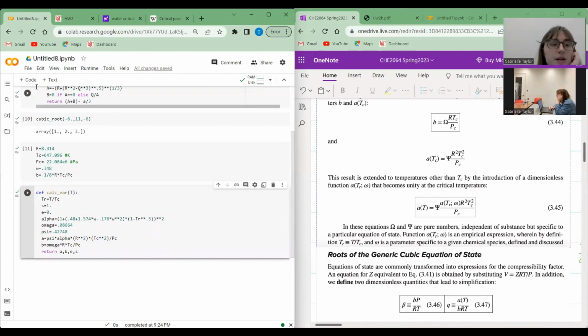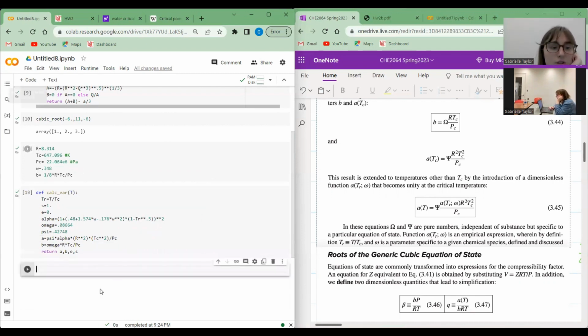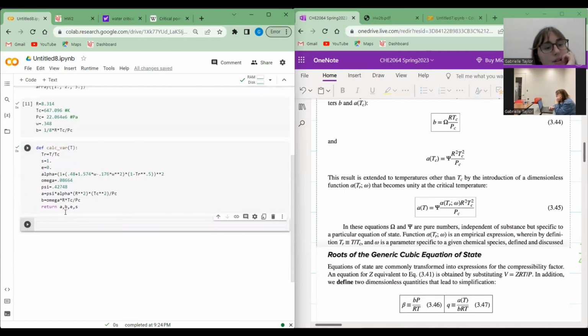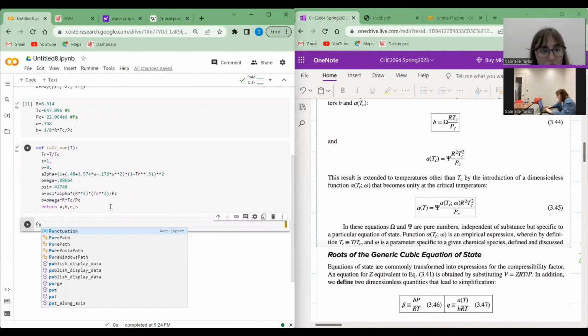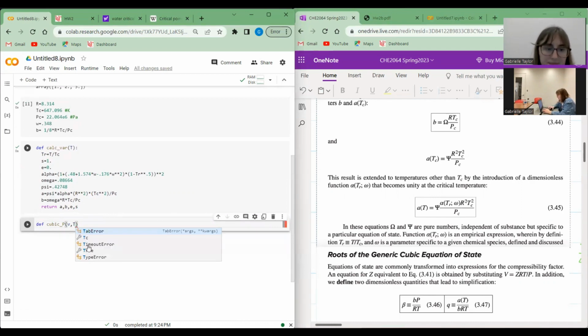Now, after we found our variables, let's define a function like we did in the first half, where we solved for the cubic pressure. Let's solve for the cubic pressure again, because we'll need this to solve for our areas. And this is going to be dependent on volume and temperature.